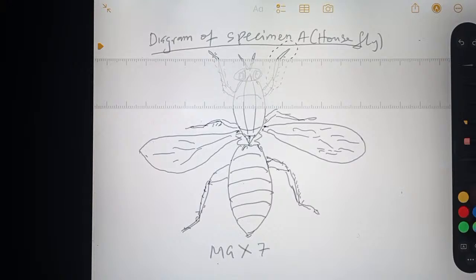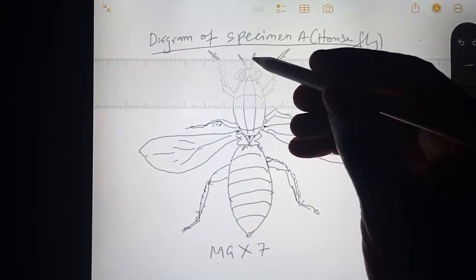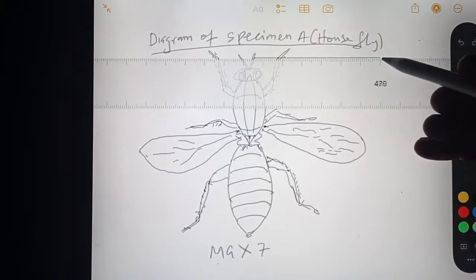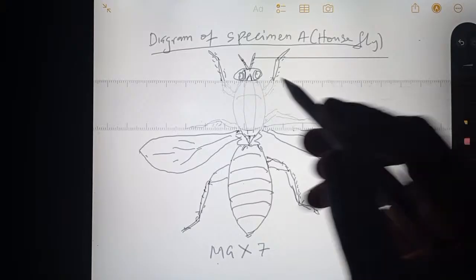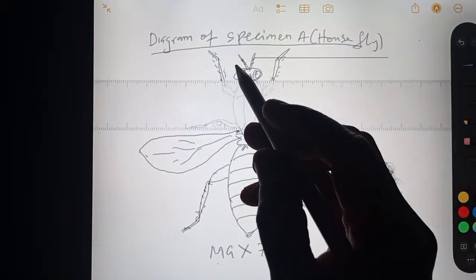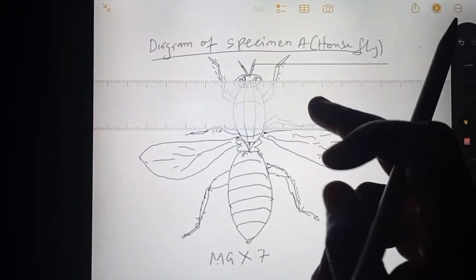Now, for writing the labeled part, you can write with pen or with pencil. Your guidelines must touch, as you can see, it's touching the diagram. It's touching that part I want to label. Let it not hang.